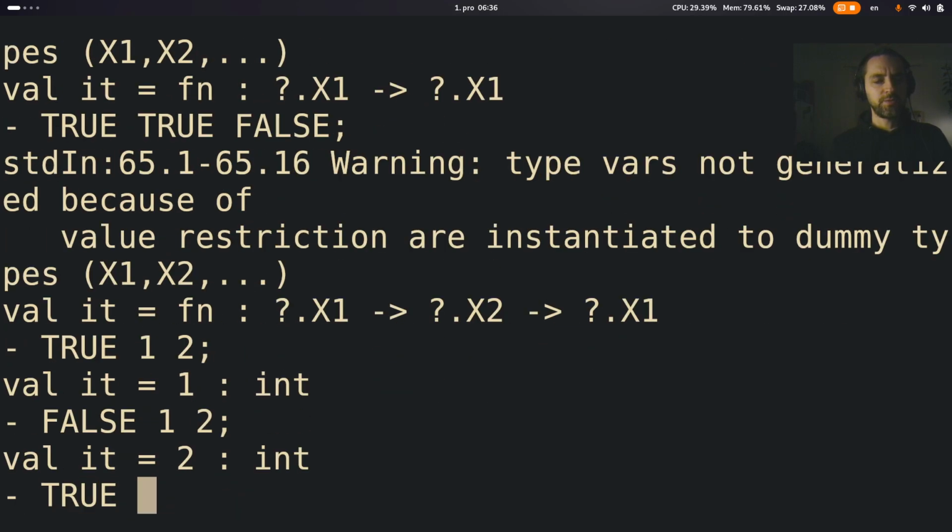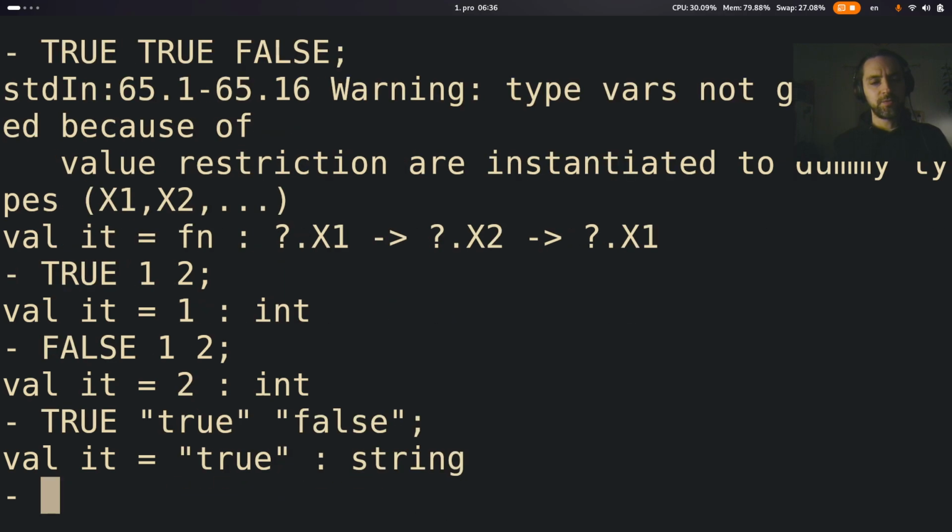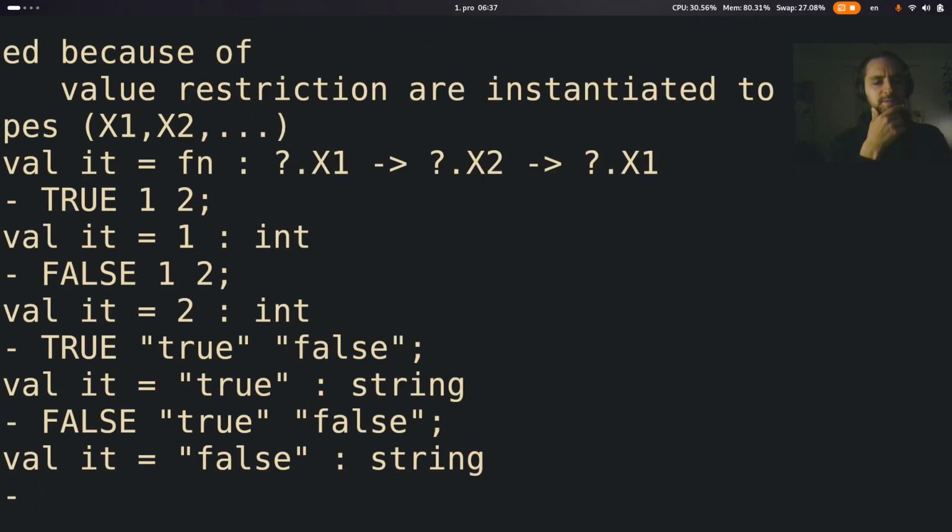So true, I guess you could do it like this, right? Gives back true. But this should turn it around. It's almost like saying false. True and false gives back false.